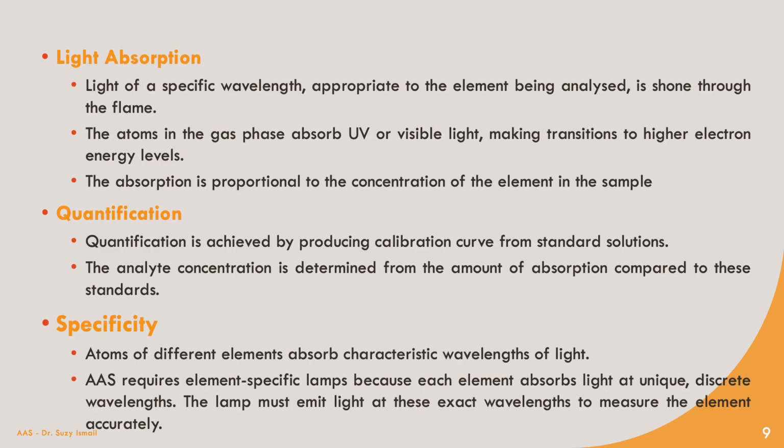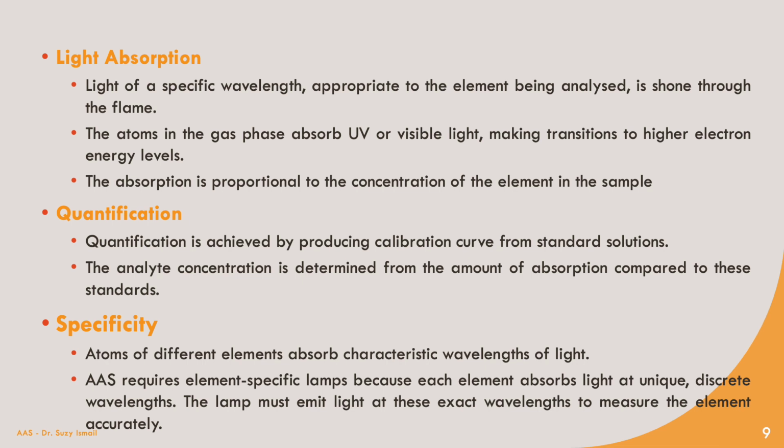Now let us see how light is absorbed. Okay, in AAS we shine light of a specific wavelength through a flame. So this wavelength is chosen. Don't worry, because later in the instrumentation I will show you how the light is actually shone through the flame.